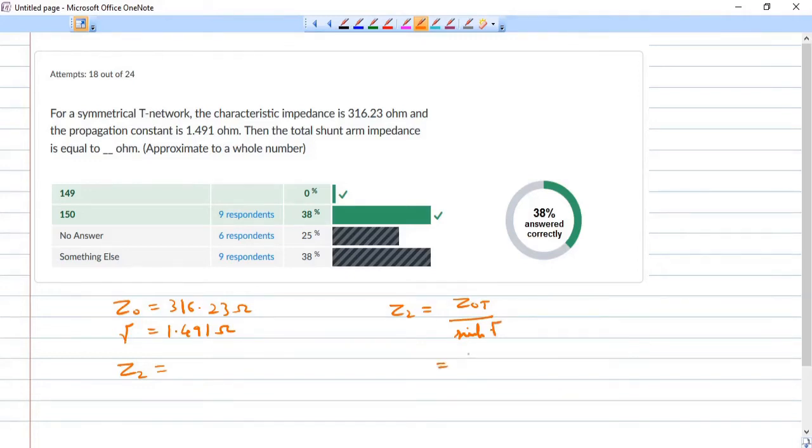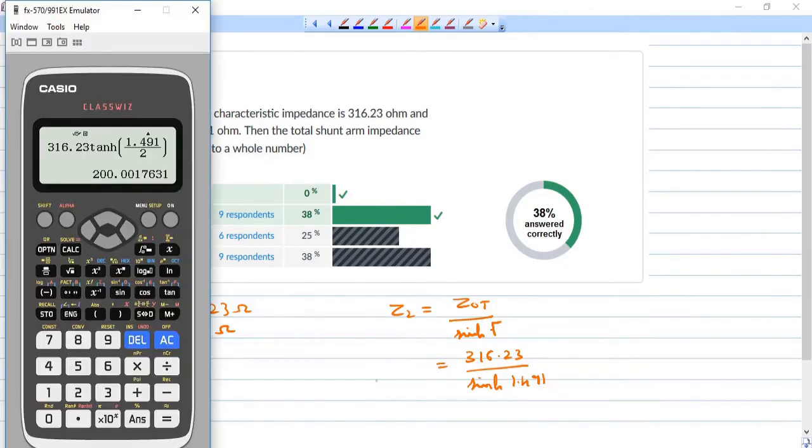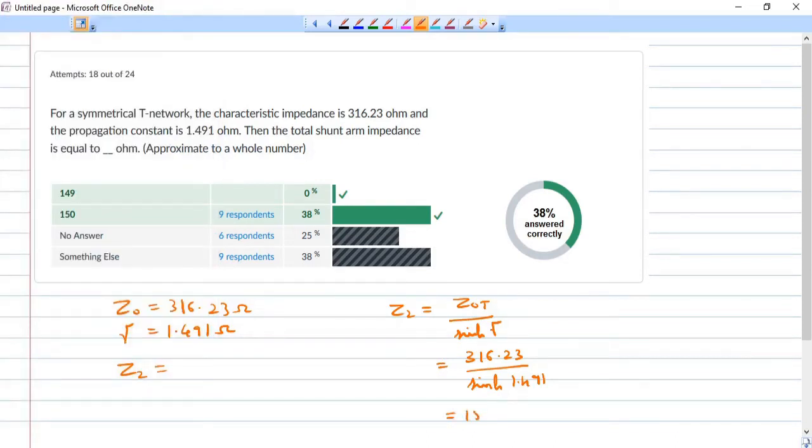So that is equal to 316.23 upon sinh 1.491. So that is equal to 150 ohm. Okay, so that's the correct answer. So Z2 is equal to 150 ohm.